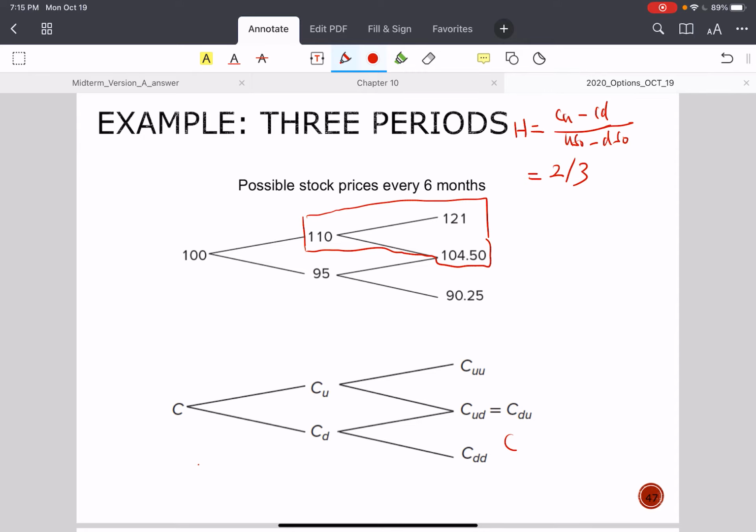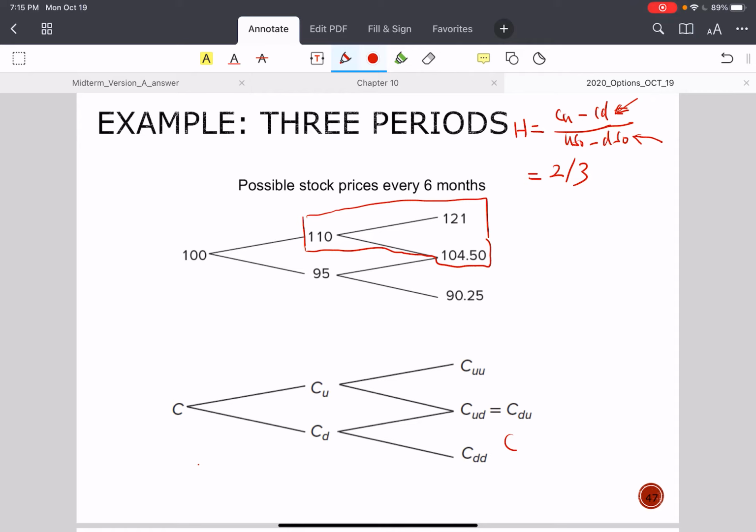And how do you exactly do the hedging here if you know the hedging ratio? Well, you note that hedge ratio is defined by the change in call value, right? So this is the change in call value, and this is the change in the stock price value.